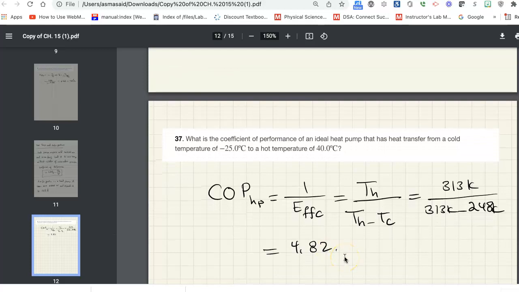Okay, now what is the coefficient of performance of an ideal heat pump that has heat transfer from a cold temperature of -25 to a hot temperature of 40?